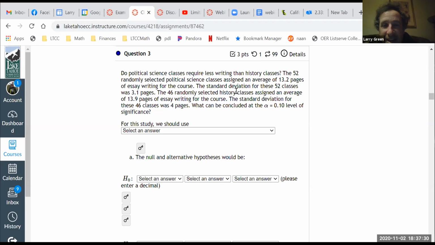The standard deviation for these 52 classes was 3.1 pages. The 46 randomly selected history classes assigned an average of 13.9 pages of essay writing for the course. The standard deviation for these 46 classes was 4 pages. What can you conclude at the 0.10 level of significance? Any questions on the question?